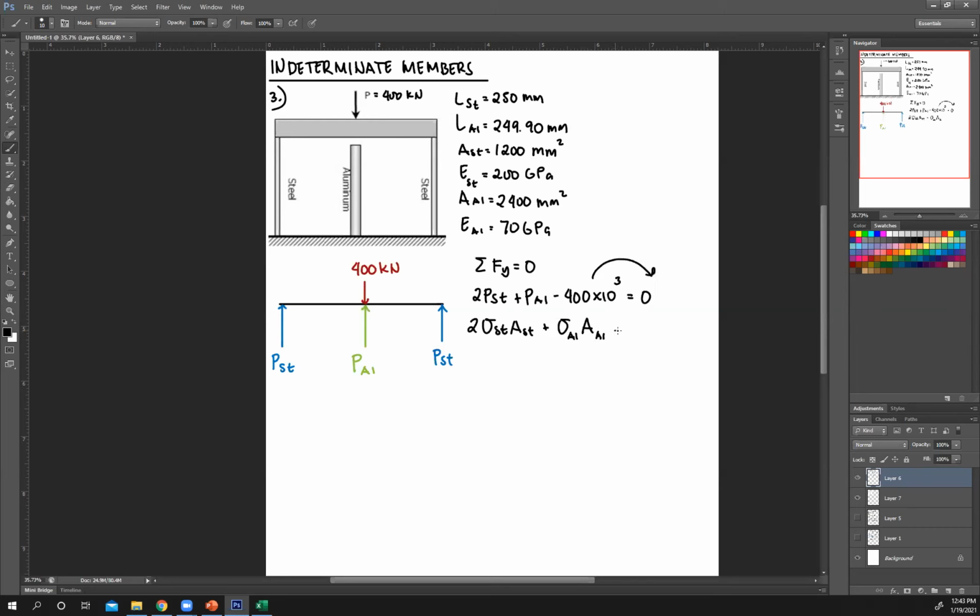Then transpose this to the right, 400 times 10 raised to 3. Then I'm going to input our given: 2 times 1,200 ST plus 2,400 times stress of aluminum. And that is your equation number 1.